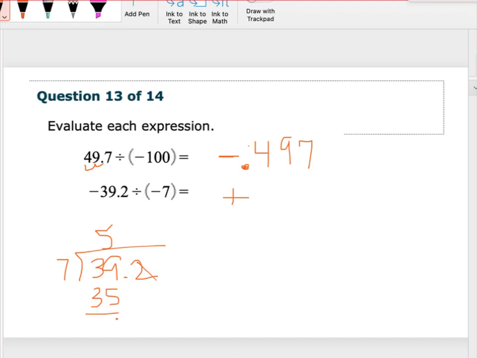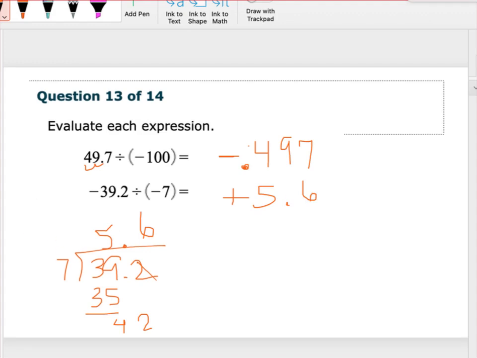Bring down the 4 and bring down the 2. And see, because it's 35, that's the next thing is my decimal, isn't it? Okay, 7 into 42 goes 6 times. And it was positive, so positive 5.6 is the answer. Okay, and those are correct.